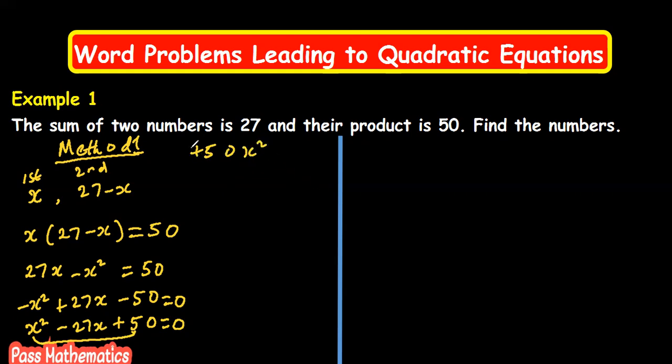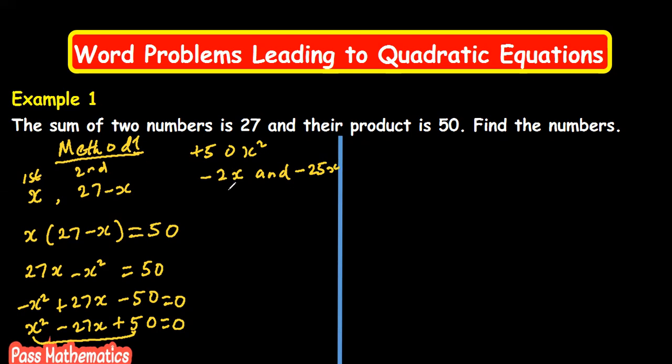Now we need to find the factors of plus 50x squared that will give us minus 27x. Those factors are just minus 2x and minus 25x. So we're having these 2 guys.